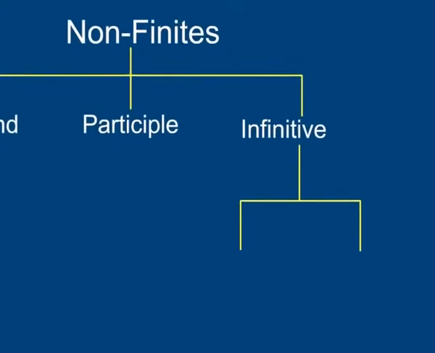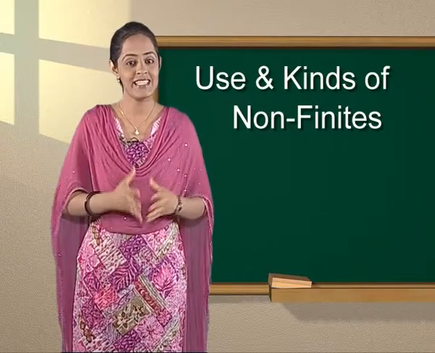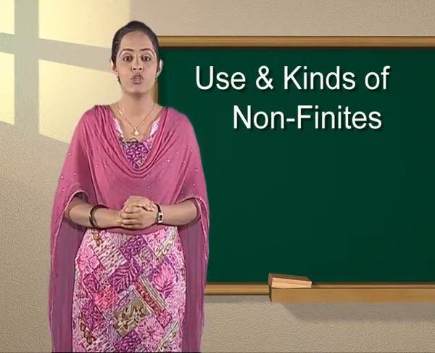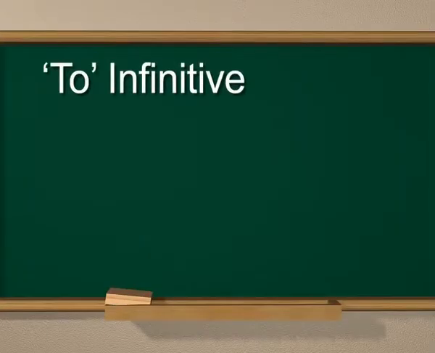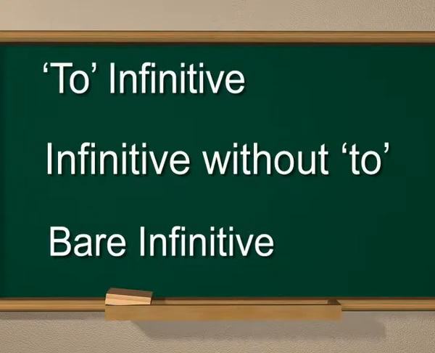Infinitive is further divided into two groups, to infinitive and bare infinitive. Let us study infinitive first. The infinitive has two forms, to infinitive and infinitive without to or bare infinitive.